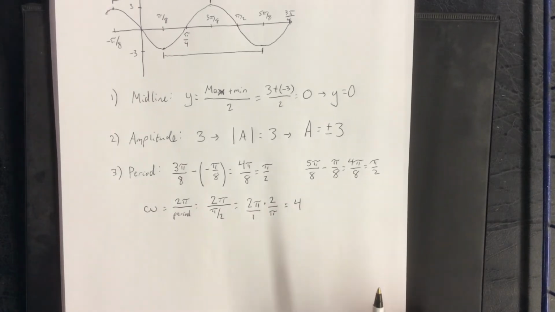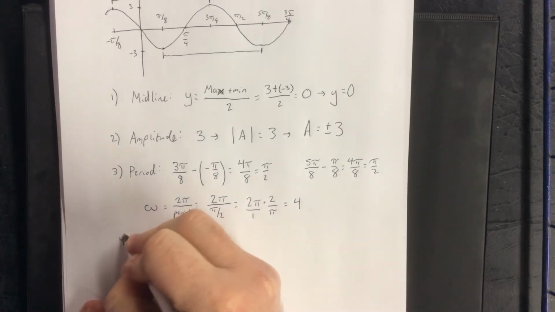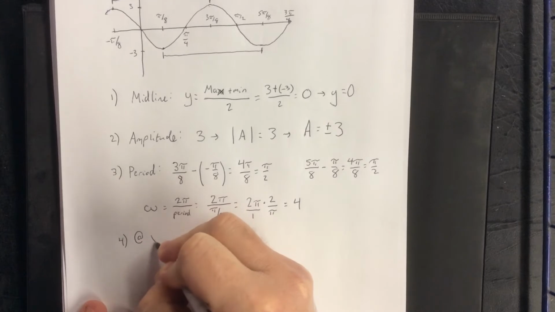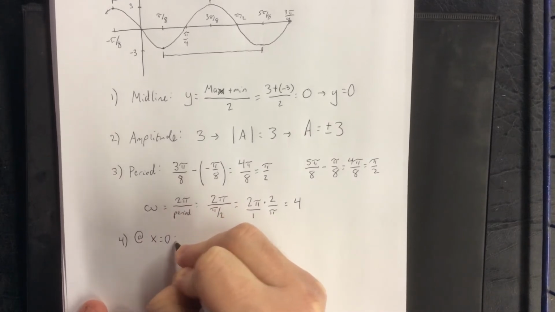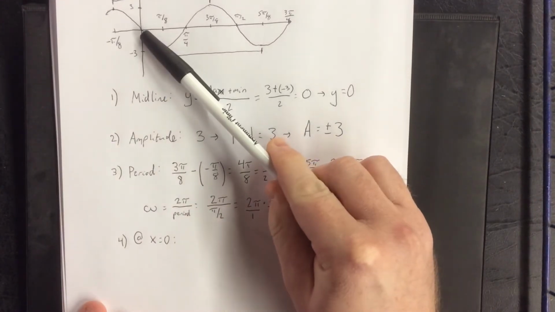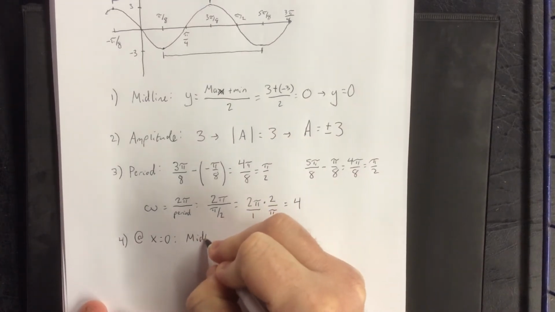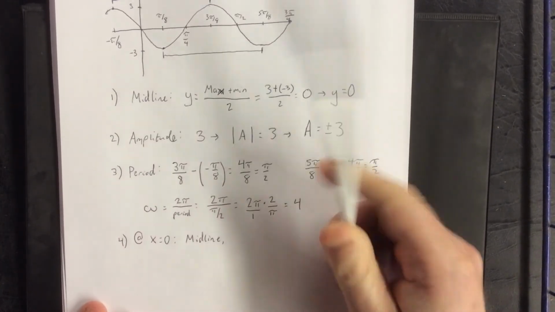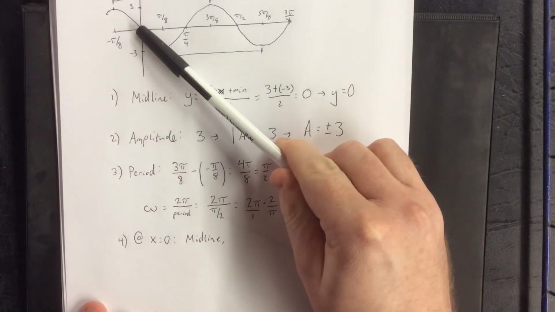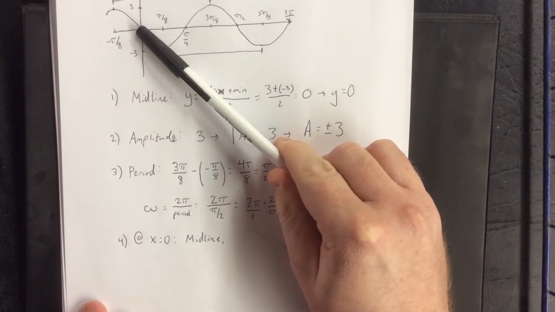Next up, determining the mother function and whether A is positive or negative. So I'm going to point out that when we're at x equals 0, which would be the start of a period, we are at the midline. In addition to being at the midline, we should point out, is the function increasing or decreasing there?